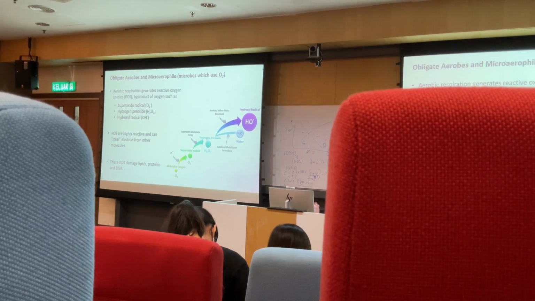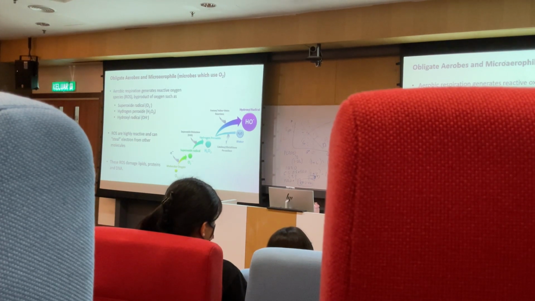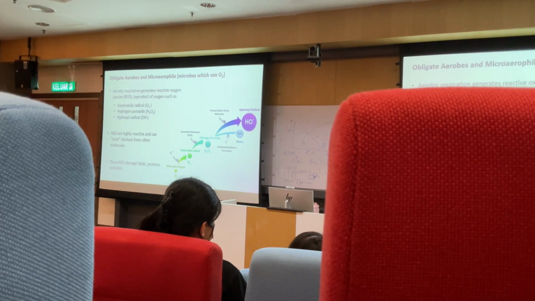Here, when oxygen takes an electron, it generates the so-called superoxide radical. Using the enzyme superoxide dismutase, you can convert the superoxide radical into hydrogen peroxide, which is less toxic than the superoxide radical.